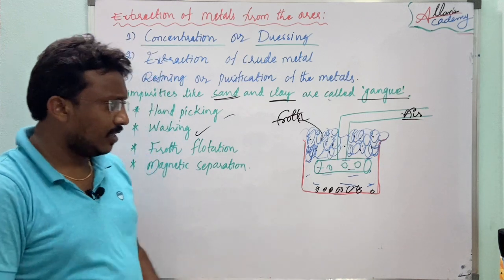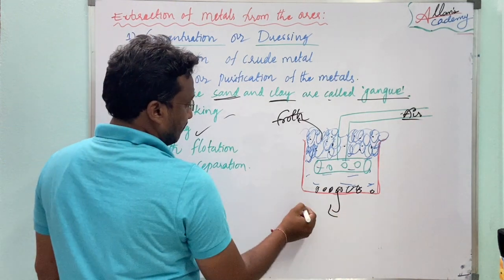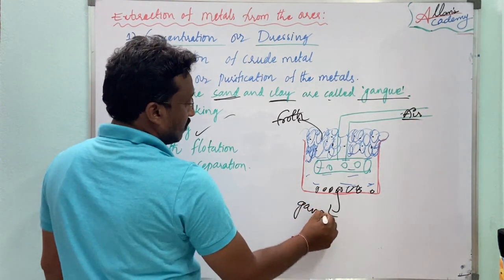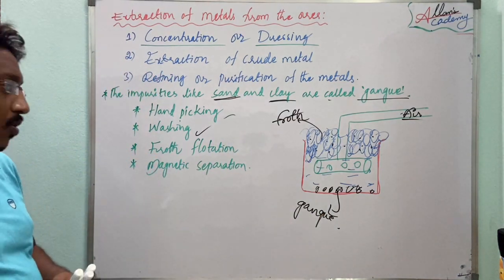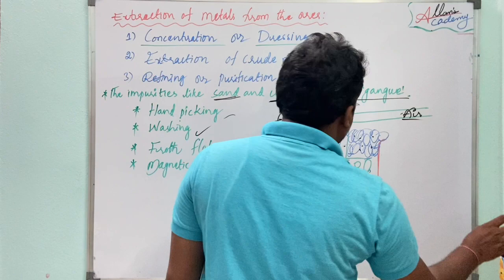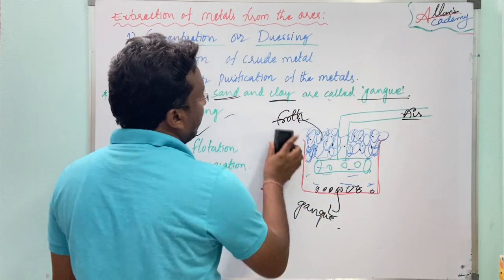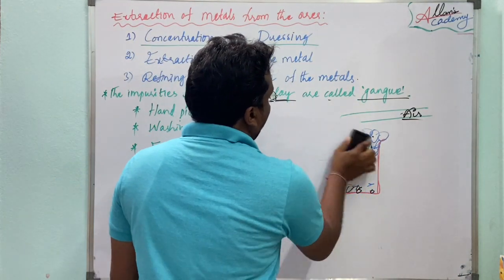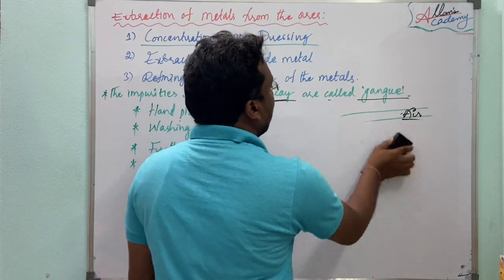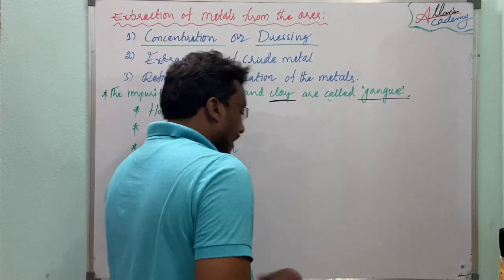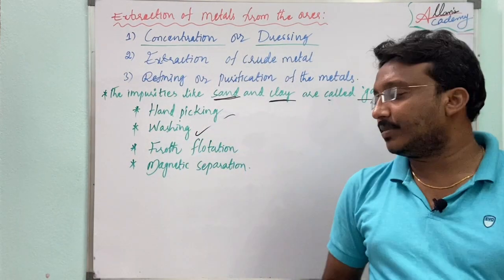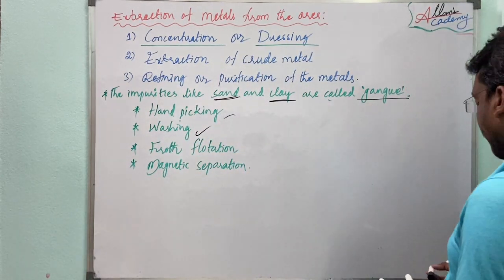This is the gangue. This is one method, and froth flotation is most probably useful for sulfide ores.